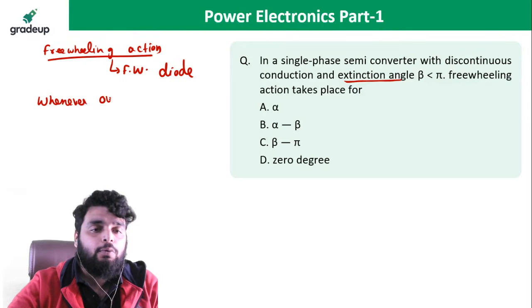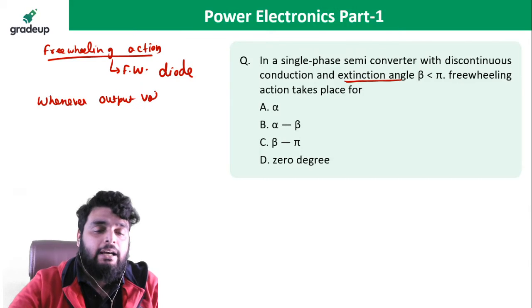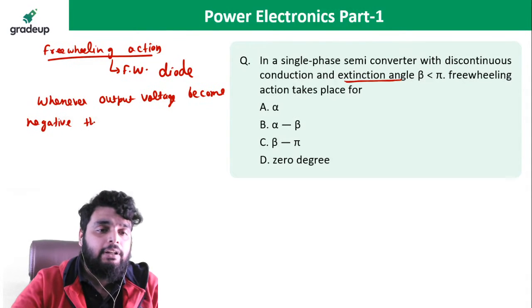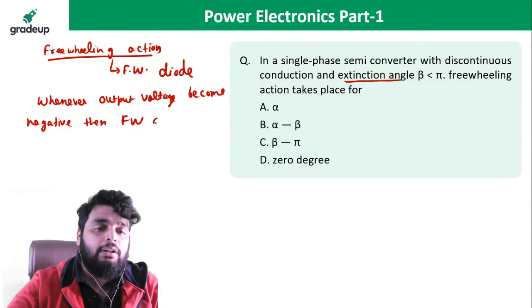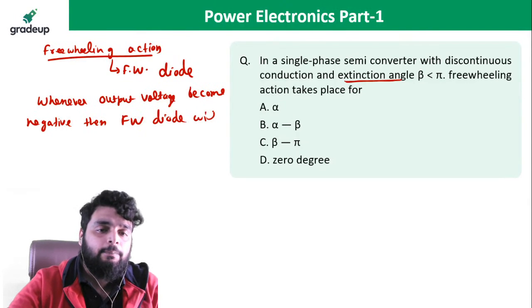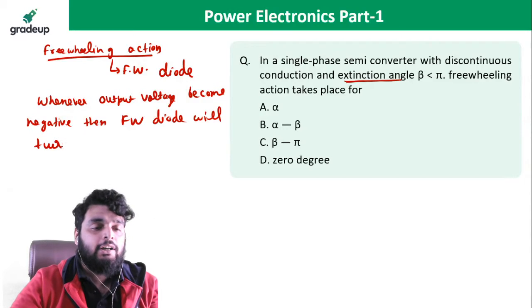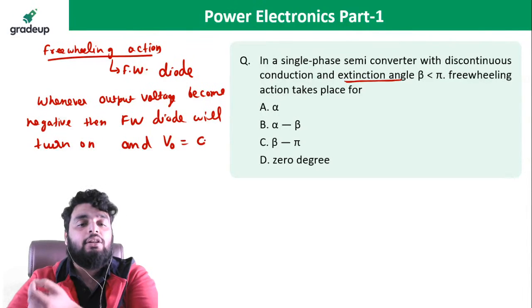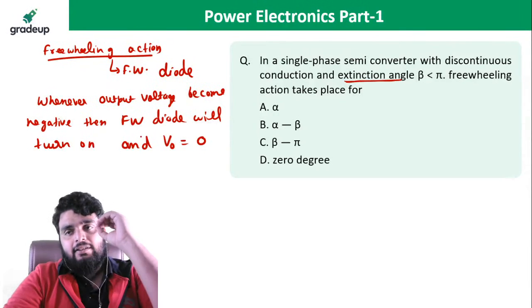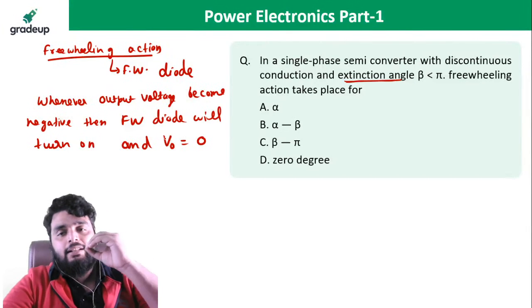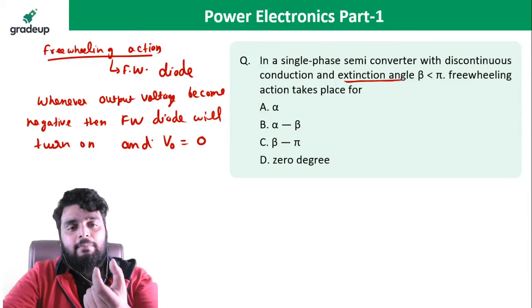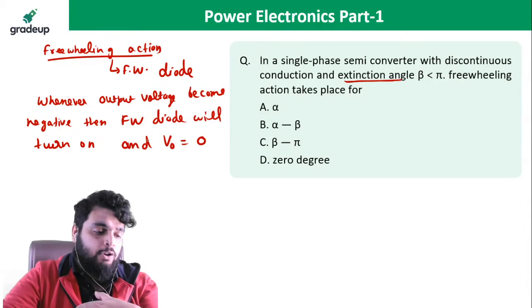Whenever the output voltage becomes negative, then the freewheeling diode will turn on, and output voltage becomes 0 for that interval. मतलब क्या है, जब भी आपका आउटपुट वोल्टेज नेगेटिव की साइड जा रहा होगा तभी आपका फ्रीव्हीलिंग डायोड काम करेगा और उस टाइम इंटरवल के लिए आपका जो आउटपुट वोल्टेज होगा वो 0 होगा.